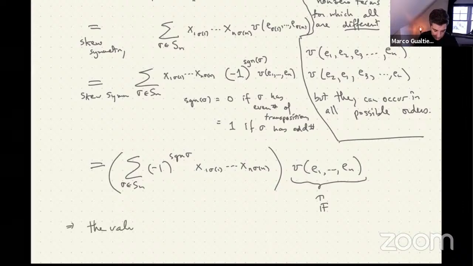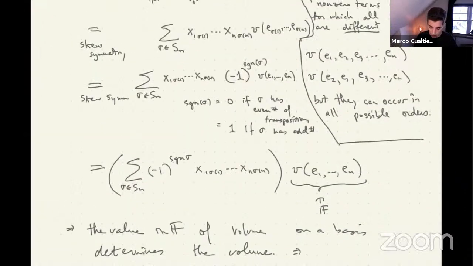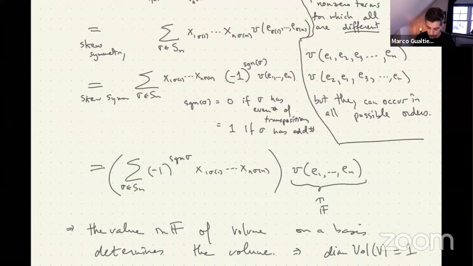The value in F of the volume on a basis determines the volume. So it's just a single number, so the dimension of the space of volumes is 1.